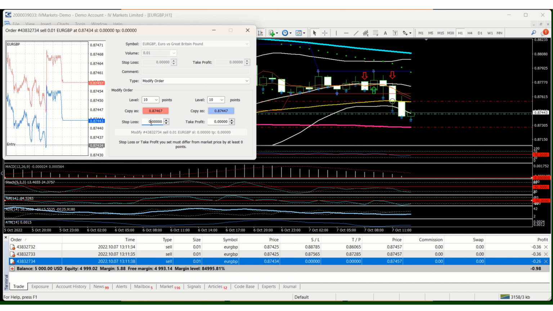So I took this at 0.87434. I will subtract 0.0035. I will get my profit, which is 0.87084, and my stop loss comes to 0.87784. I will modify it.